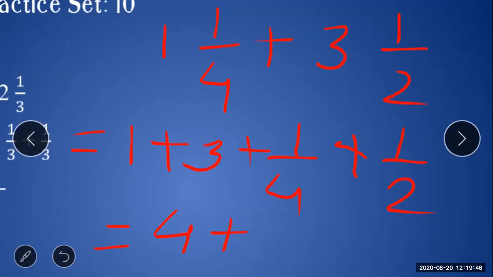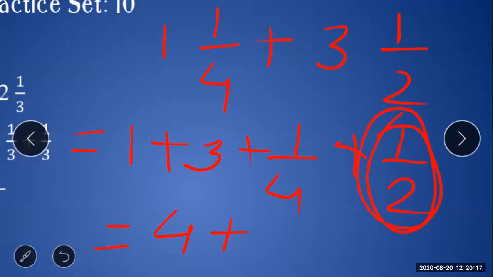How will you make it? Now here 1 upon 4 and 1 upon 2. See, in the table of 4, 2 is not coming, but in the table of 2, 4 is coming. So we will change only the second fractional part. We are not going to change the first fractional part. In the example I explained, in the table of 2, 3 is not coming and in the table of 3, 2 is not coming. At that time we have to cross multiply.